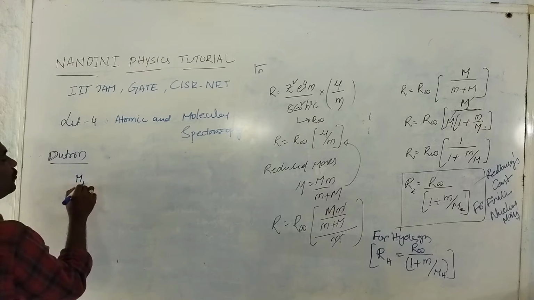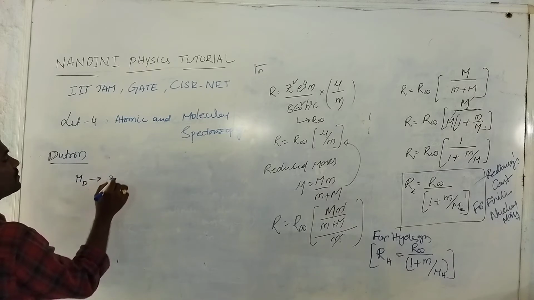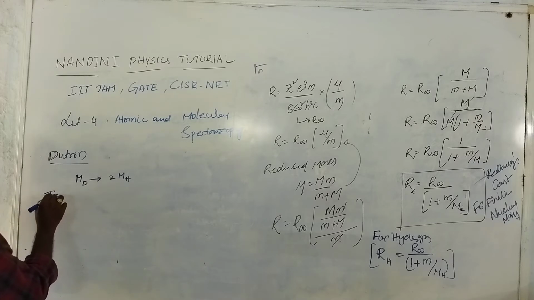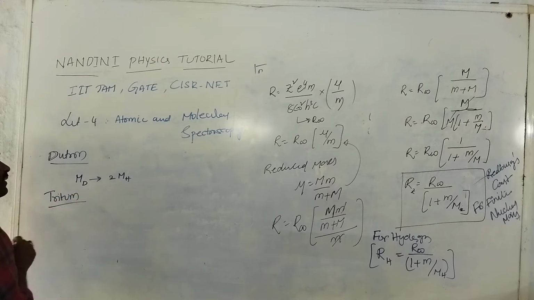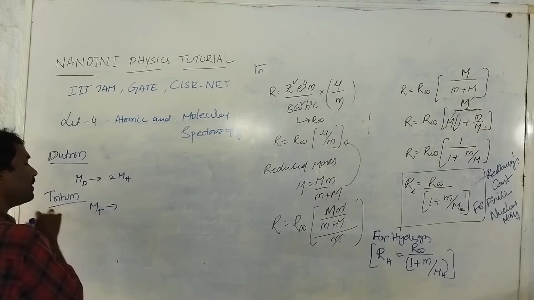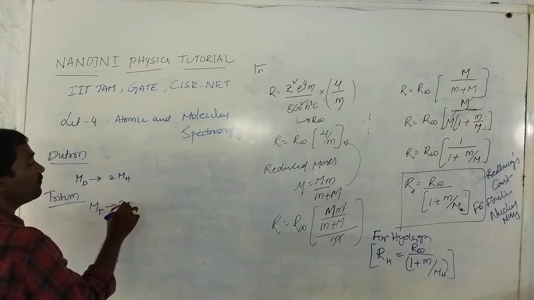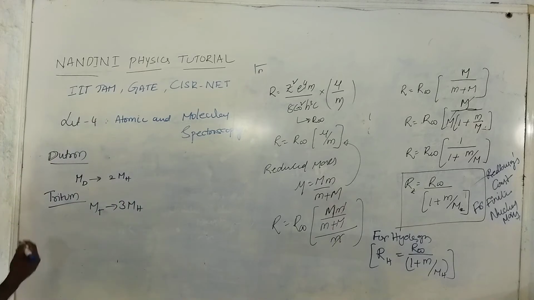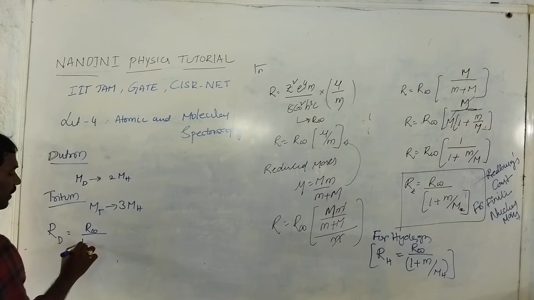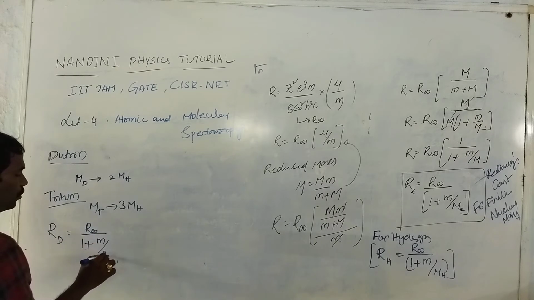The mass of the deuteron is equal to 2 times the mass of hydrogen. Similarly, if you consider the tritium atom, the nuclear mass of the tritium atom is 3 times the mass of the hydrogen atom. So simply substituting for deuteron, Rd is equal to R infinite divided by 1 plus small m by 2 mh.